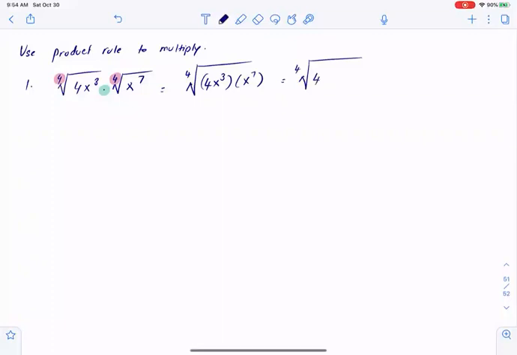So I have x cubed times x raised to 7. Since the bases are identical, I'll keep x and add the powers. So 3 plus 7 would be 10.